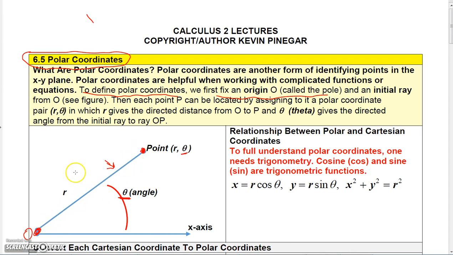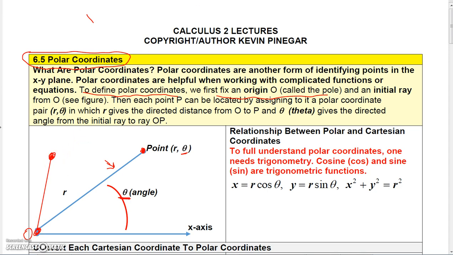So basically, let's say you just wanted to identify a random point using polar coordinates. So let's say you wanted to identify this point here. Well, you would need to know how far that point is from the origin, so you would need to know the length of this segment from the origin to the point.